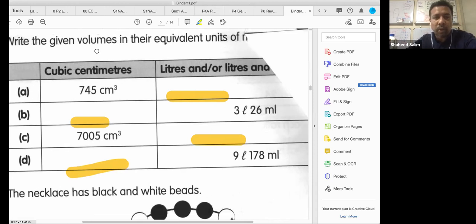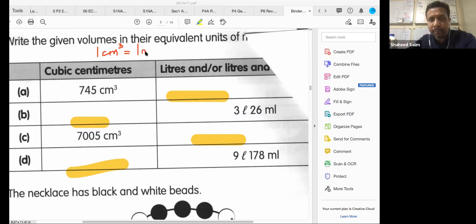Okay. 1 cm cube is equal to 1 ml. And 1 liter is equal to 1,000 milliliters or 1,000 cm cube. Okay.